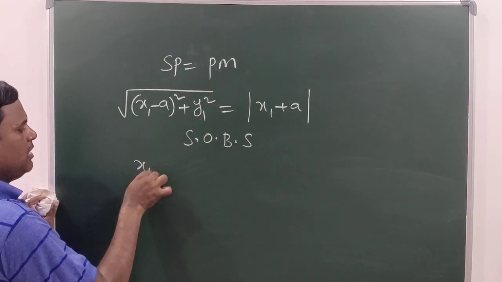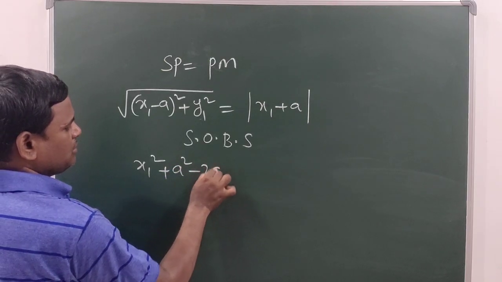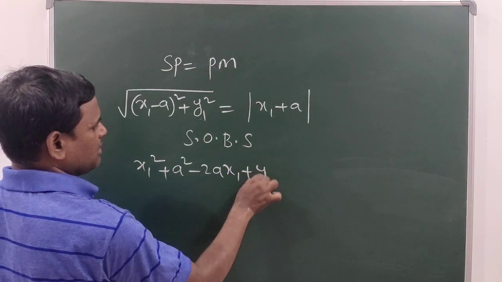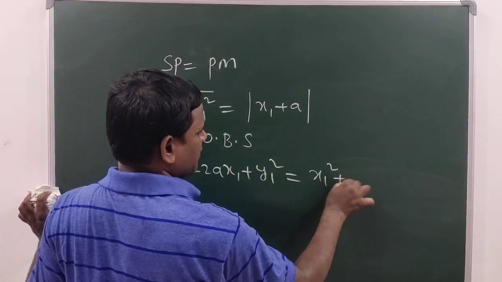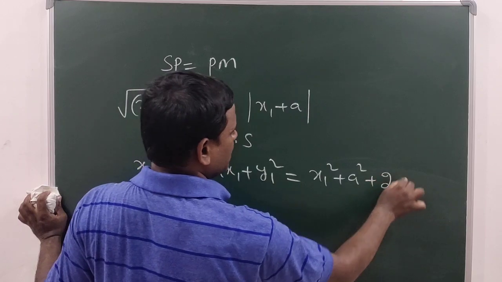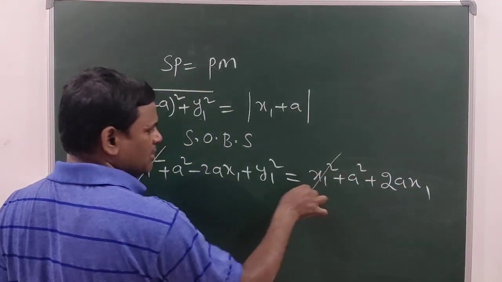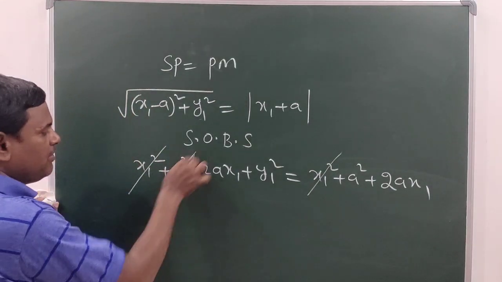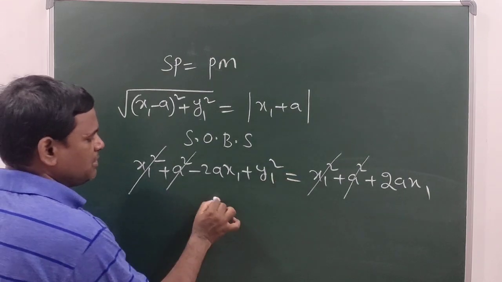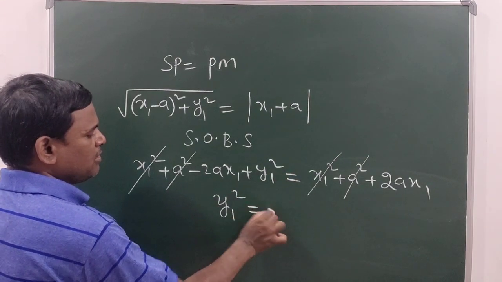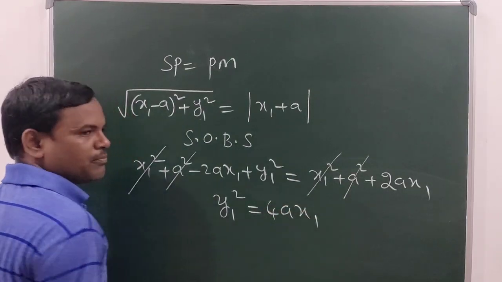Simplify this: x1 square plus a square minus 2ax1 plus y1 square is equal to x1 square plus a square plus 2ax1. Now x1 square can be cancelled, and a square also gets cancelled. On simplifying, we get y1 square is equal to 4ax1.